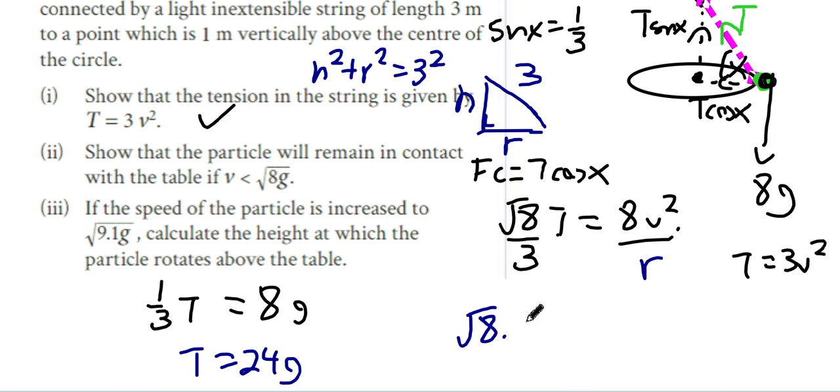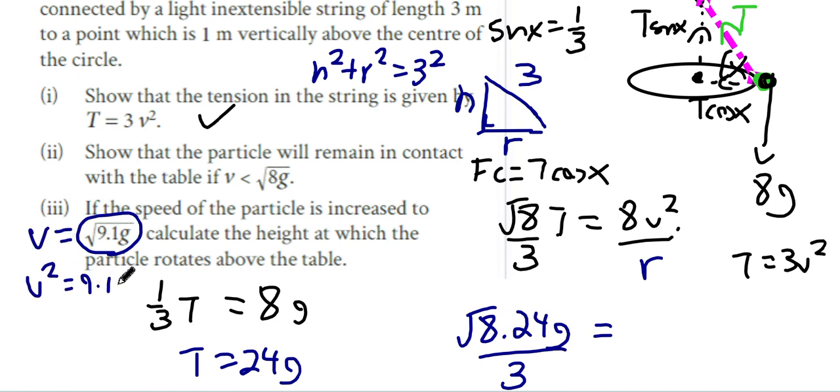24g, okay, all over 3. We know what phi squared is. Phi is root 9.1, so phi squared will be 9.1g. So it's 8 times 9.1g all over the radius, yeah?